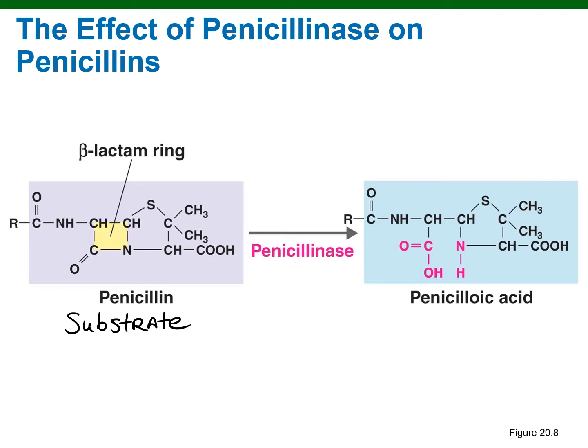Now, penicillinase, interestingly, can act as an endoenzyme when it is found in periplasmic space, which is the area right above the cell membrane and in between the cell membrane and the cell wall, or it can actually be secreted.